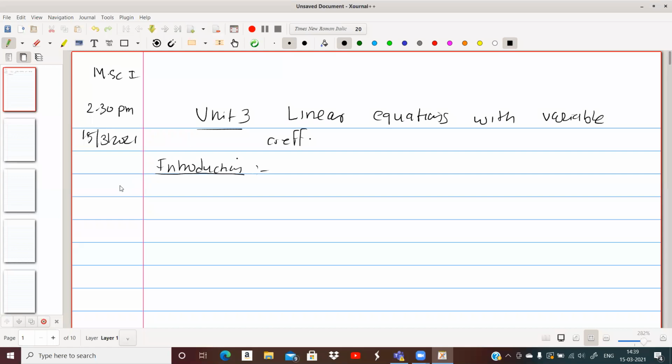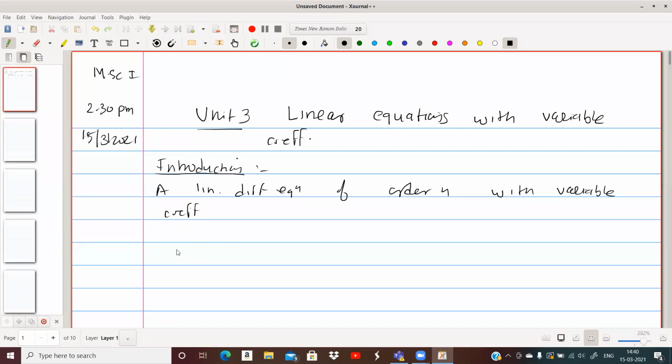A linear differential equation of order n with variable coefficient is an equation of the form.